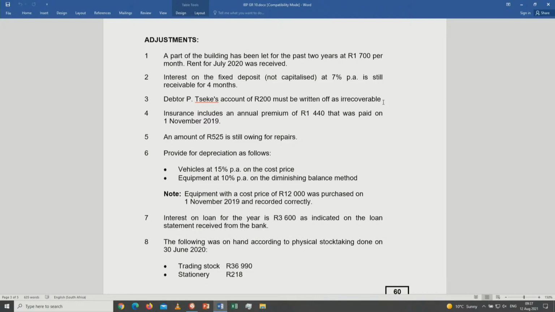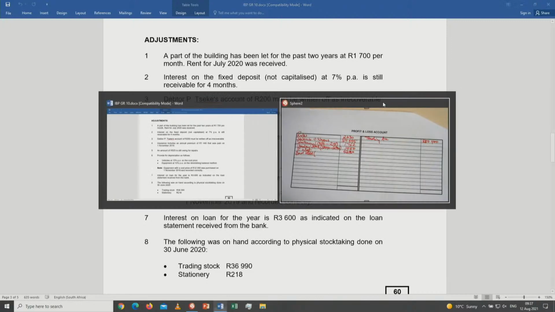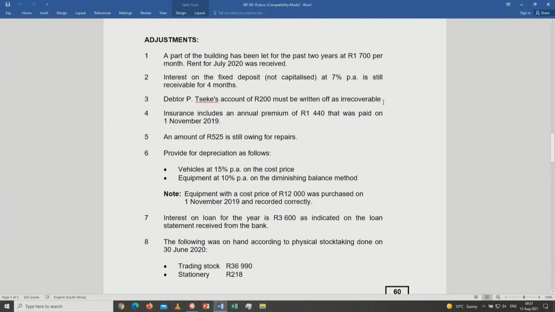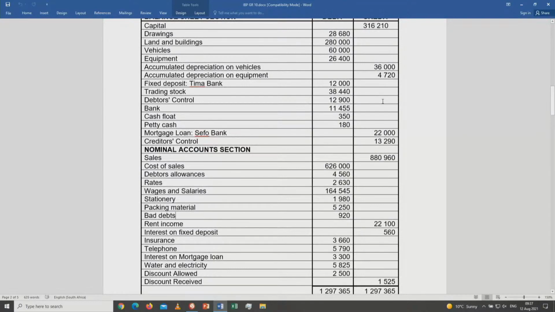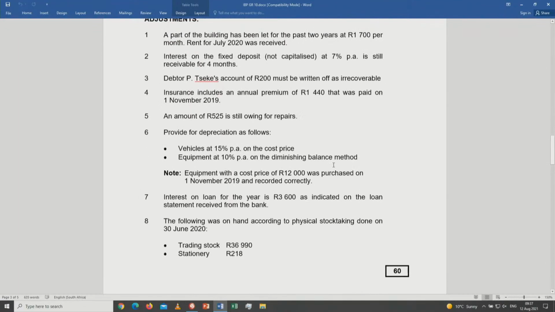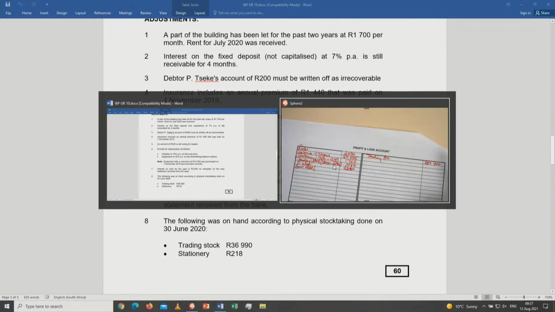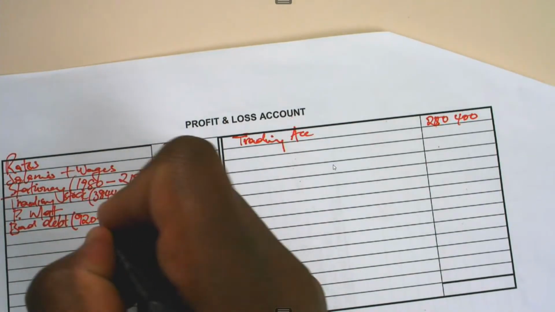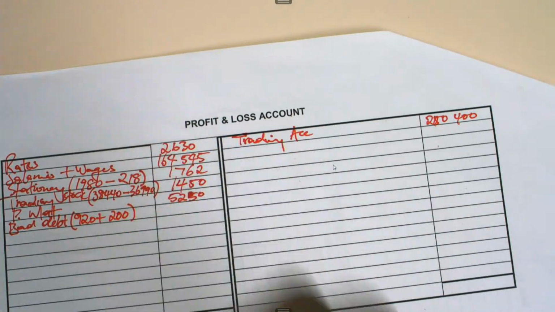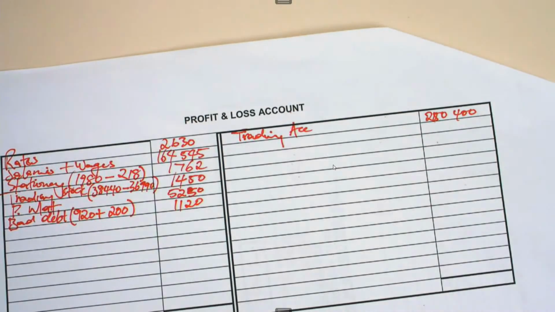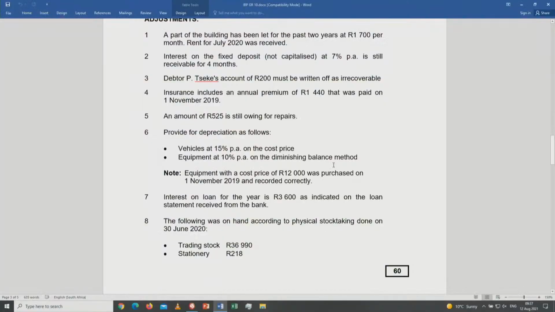So this 200 rand will be added to the amount of bad debts that we have on the trial balance of 920. So it will be 920 plus 200. That will give us 1,120. Right. Then let's go to another one.